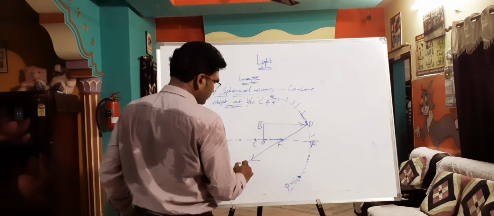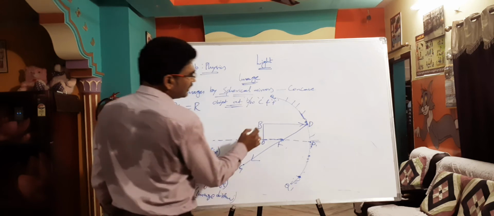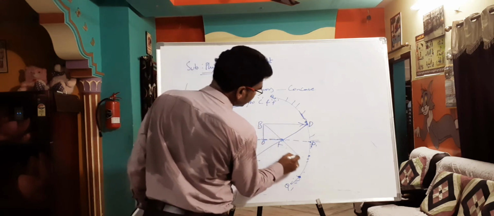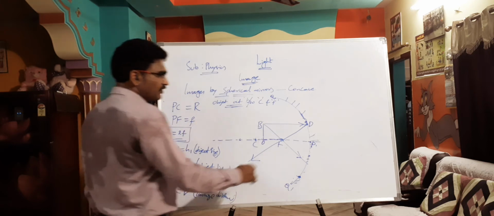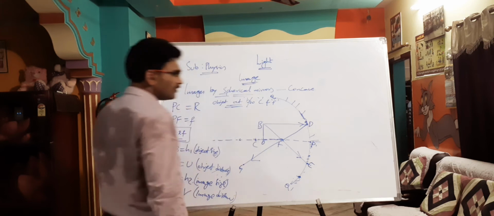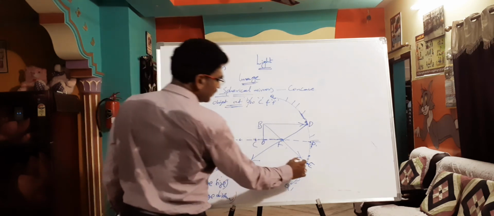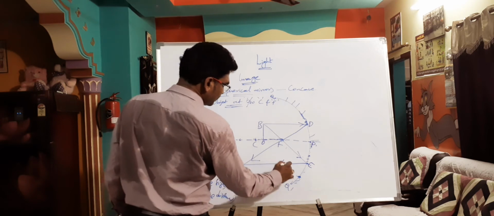Let me take this as G. Another light ray I will take, passing through the principal focus. Then I will take this as E. Again, this is the reflected ray.